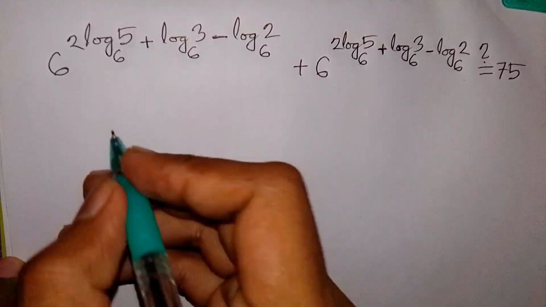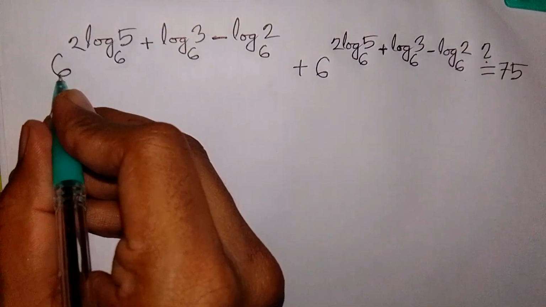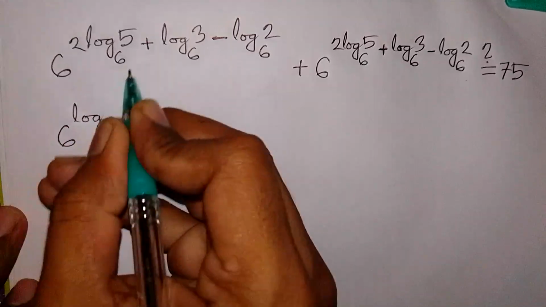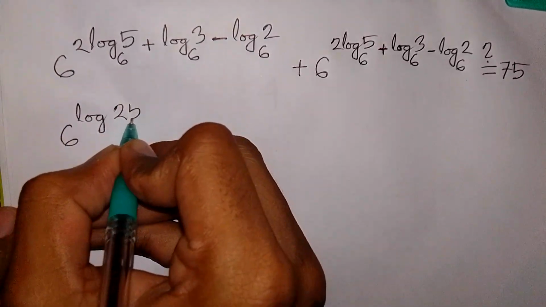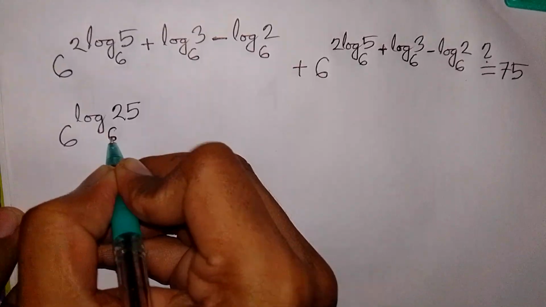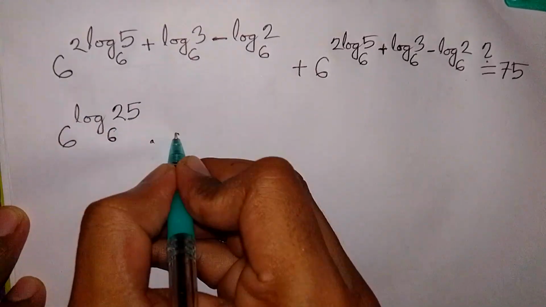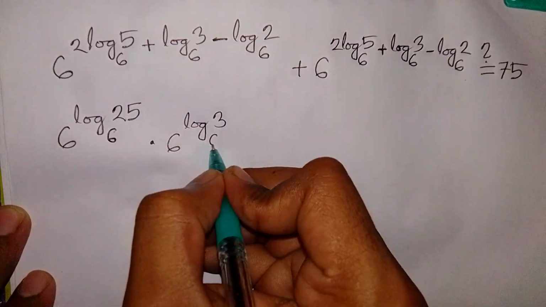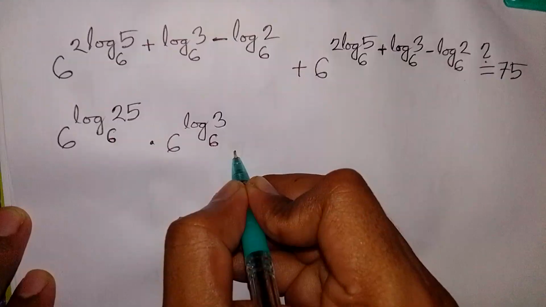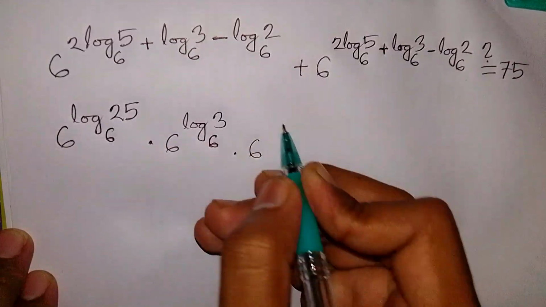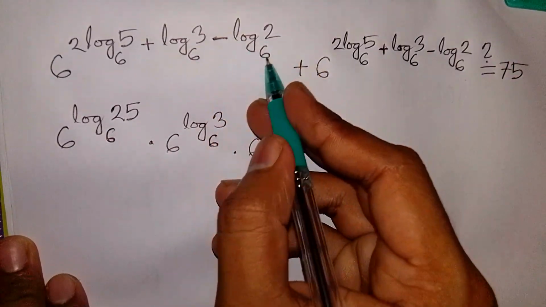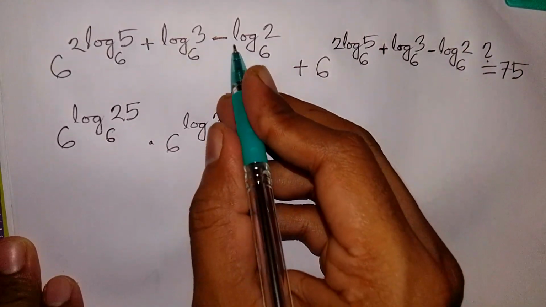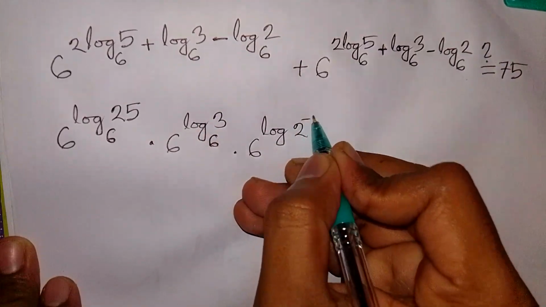Now here we apply the exponential rule. So you can write here 6 power of 2 log 5 base 6 is the same as log 5 power 2, which is the same as log 25 base 6. Here times 6 power of log 3 base 6, here times 6 power of minus log 2 base 6, which is the same as log 2 power negative 1 base 6.